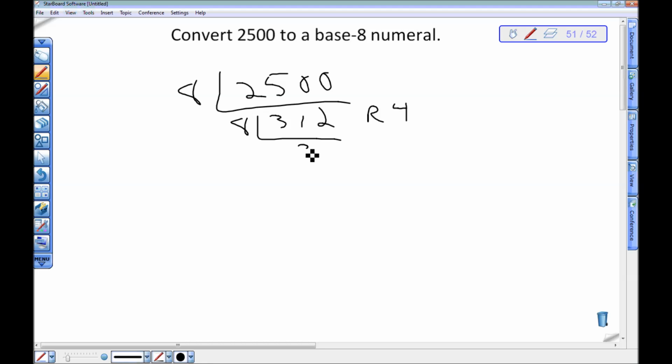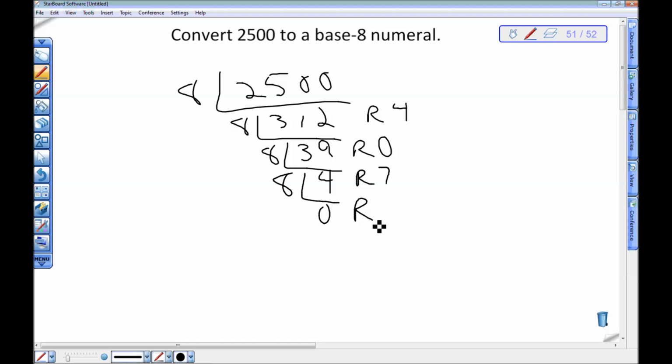That gives me 39 with a remainder of 0. Divide this by 8. That's going to give me 4 with a remainder of 7. Divide this by 8. That's going to give me 0 with a remainder of 4. Starting at the bottom, this is 4, 7, 0, 4, base 8.